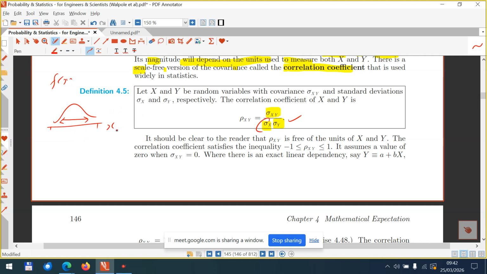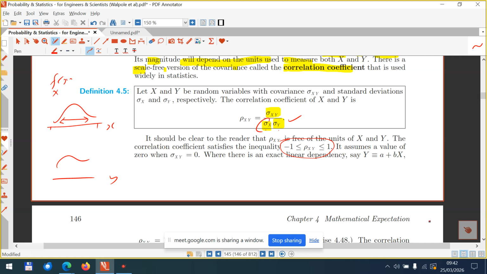And it also carries the units in some way. And the same will be the case for the marginal distribution of y. So if you divide this by both sigma x and sigma y, then the units will cancel out and the scales will cancel out as well. So this quantity will always be between minus 1 and 1, right? And you can prove it using calculus.